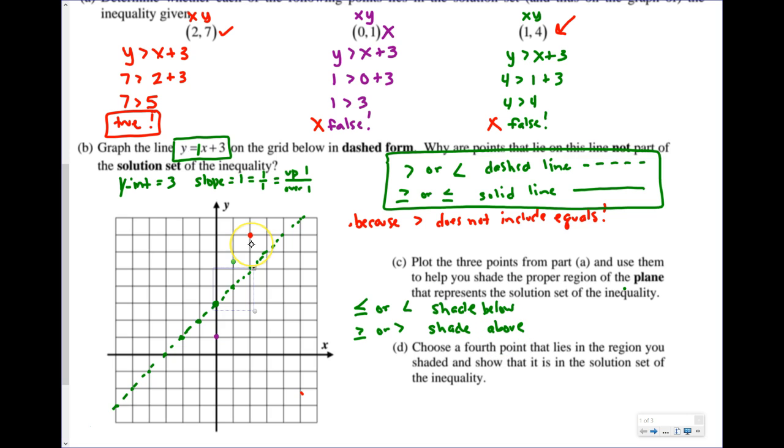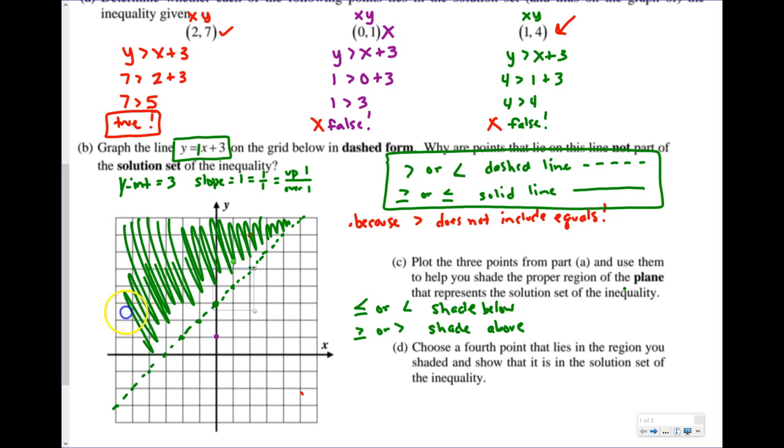So see how this red dot is part of the solution? Well, I'm going to shade everything above this line. Put arrows on the end. And this is my graph of y is greater than x plus 3.